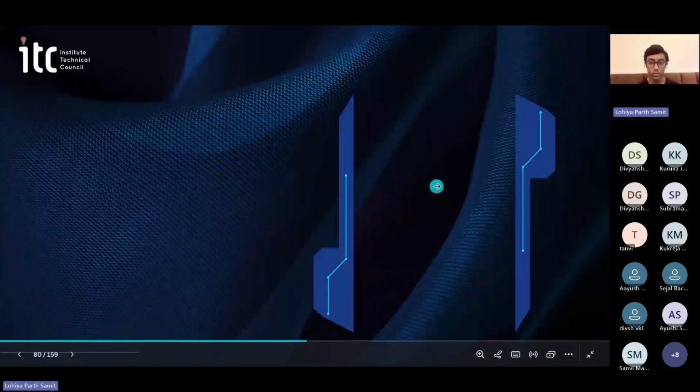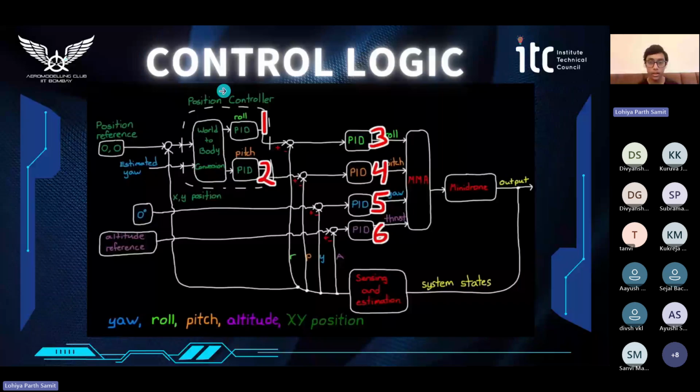So this is what a typical control looks like. The problem statement for this is, suppose we want a drone to hover at some position XYZ. So how can we achieve that?